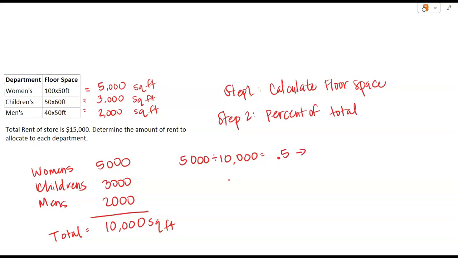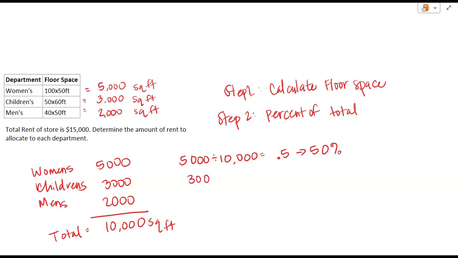Remember, this is equivalent to 50%. So the women's department takes up half of the entire store.